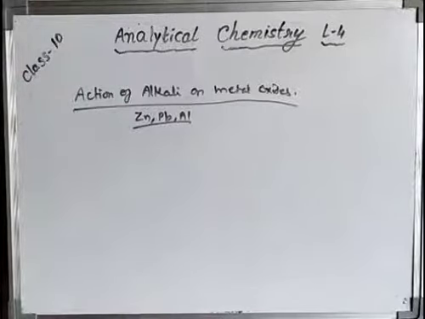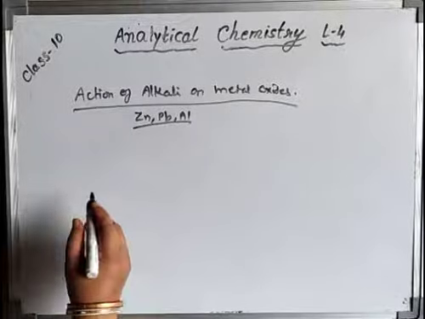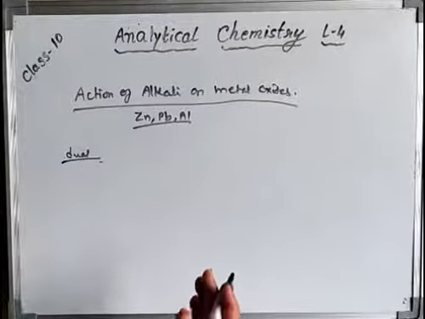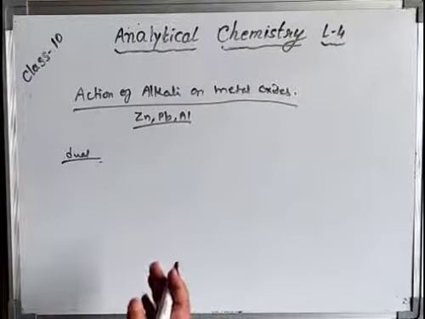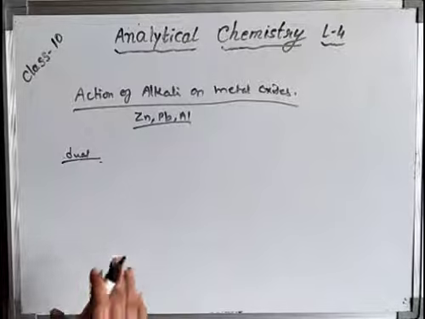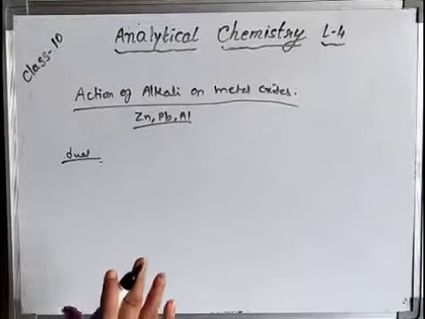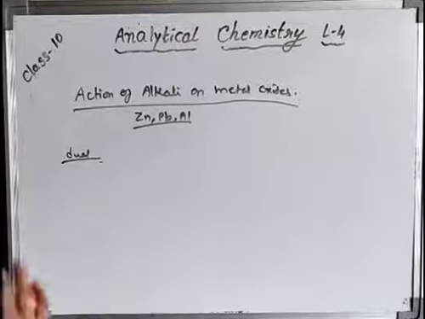So their oxides and hydroxides show dual nature. Dual nature means with acid they give a product, and with bases they also give a product. But with bases, will they give a normal salt? No, they will give a complex salt, which is also soluble in nature.